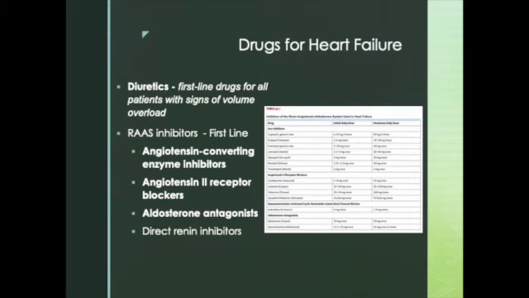Another adverse effect is primarily just with spironolactone and not the other types of aldosterone antagonists. They are going to cause gynecomastia, or painful breast enlargement, in about 10% of males.